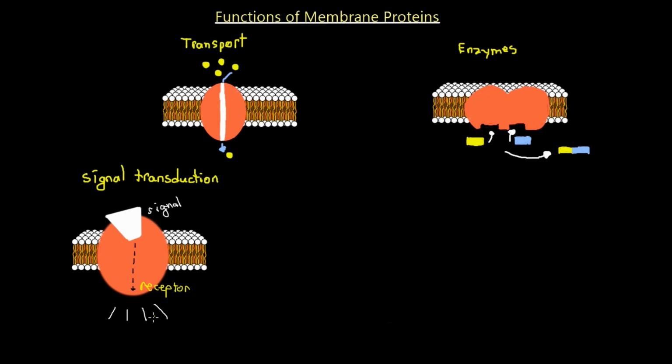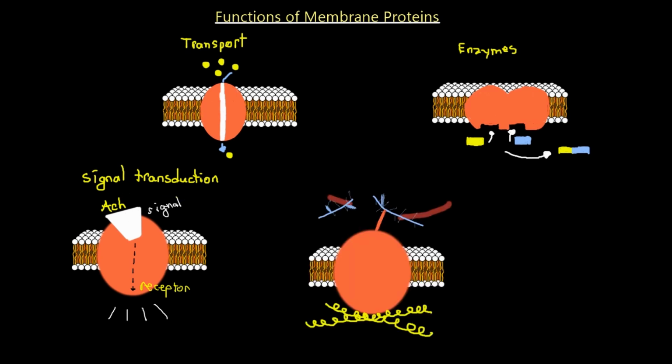There's a receptor on the plasma membrane, and once the chemical signal, some sort of acetylcholine, usually ACH, is received by the receptor on the plasma membrane, it gives off some sort of signal to the cell, either to produce a certain molecule or to break down something. And that's the function of signal transduction.